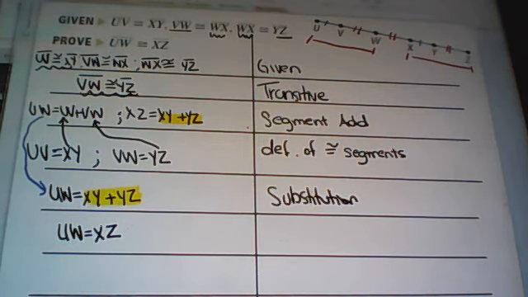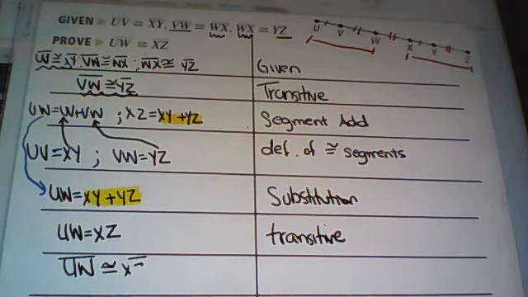And then from here to here, this is an example of transitive property, because if you remember, UW was equal to the yellow, XZ is equal to that same yellow, and so they have to be equal to each other. And since they're equal to each other, now we get to our last statement, which says if two things are equal in length, then those two segments must be congruent. Definition of congruent segments.